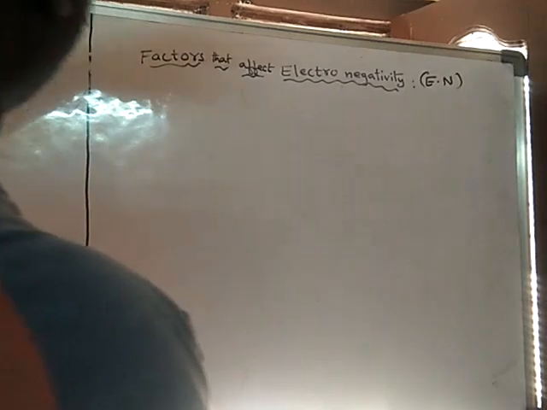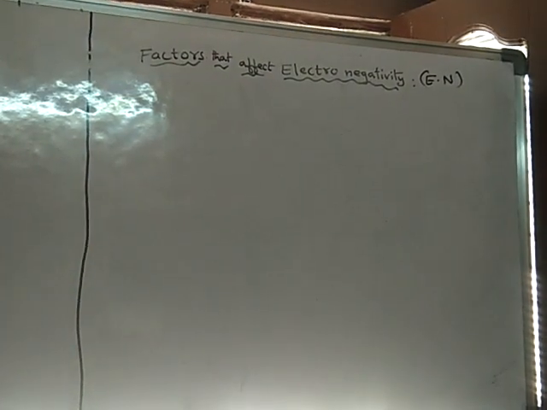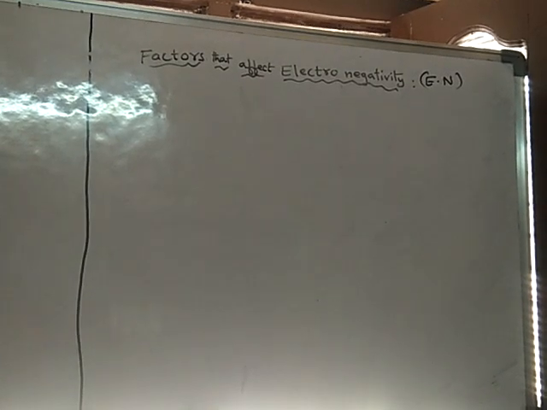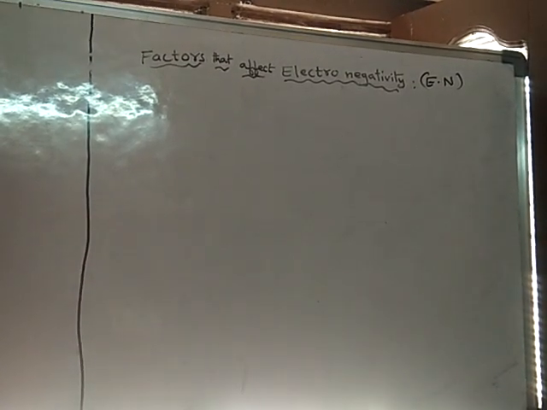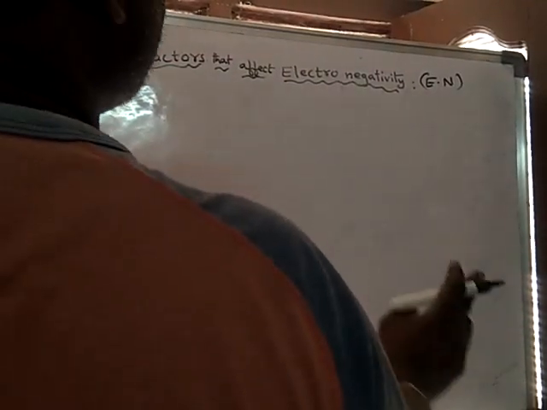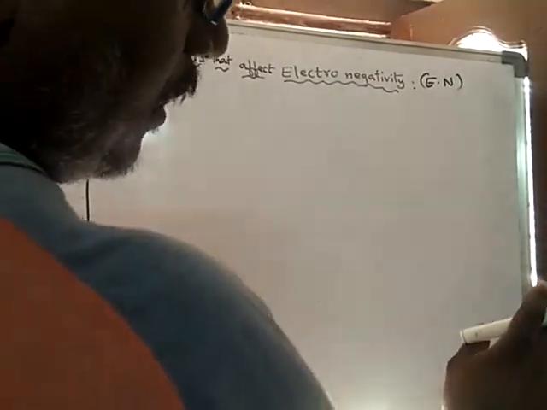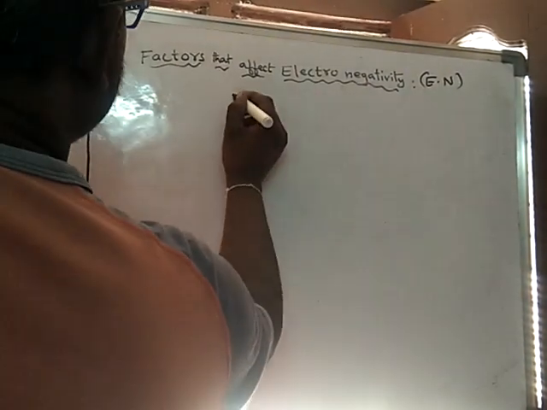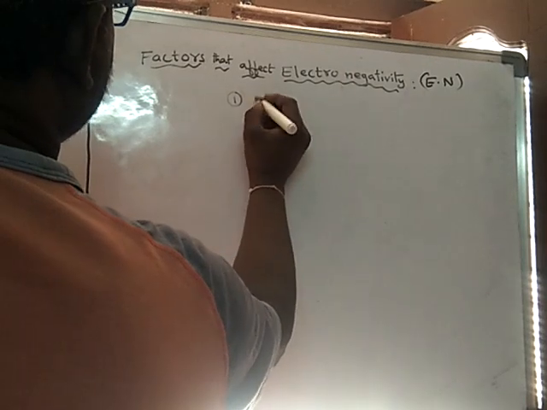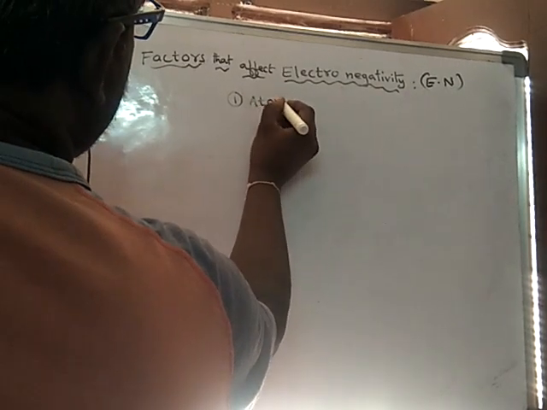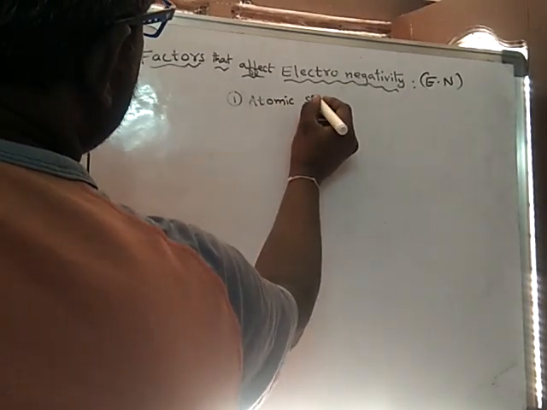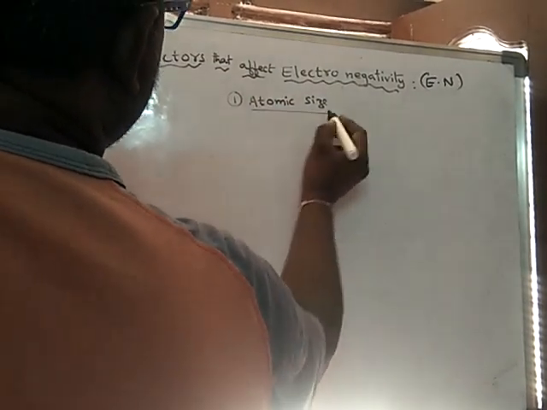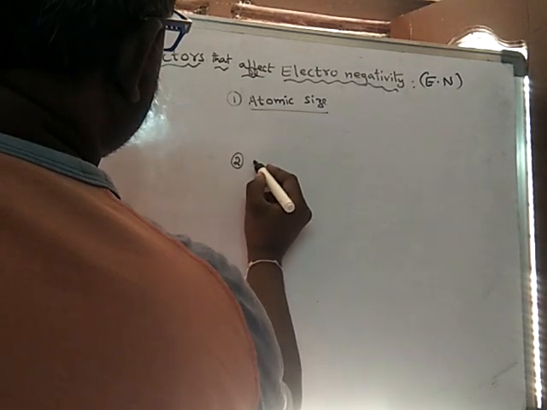Here also, the same factors which affect ionization energy also affect electronegativity. So what is the first factor? Atomic size is one factor, and another factor is nuclear charge.